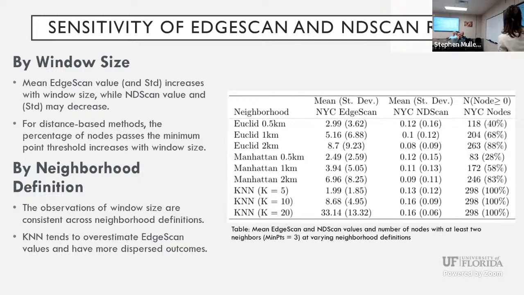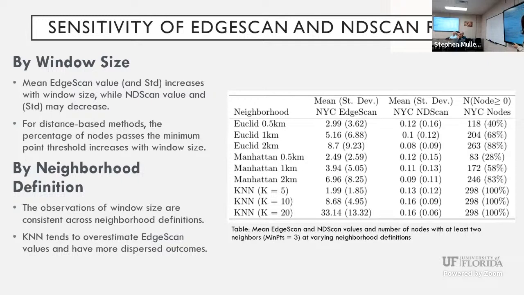We are able to find the mean and standard deviation for our edge scan. For example, how many edges does the average one-kilometer Euclidean circle have? About 5 edges on average. What is the average density? It's about 0.1, so that's how well it is connected. How many nodes are greater than 0? This was just a sanity check for us.